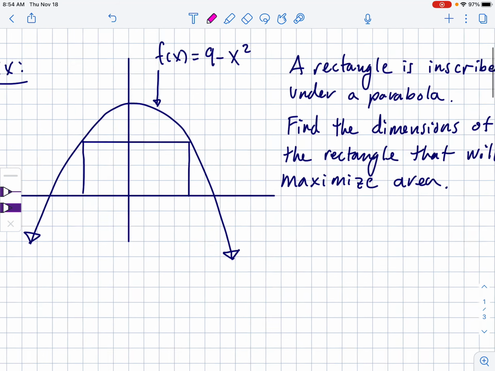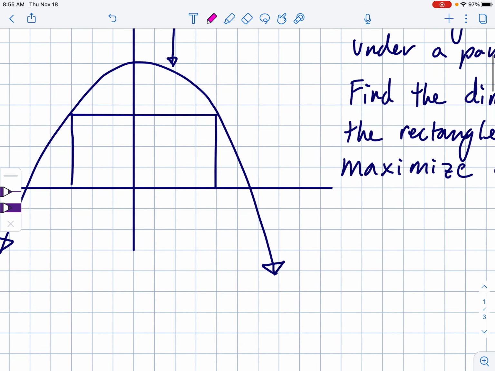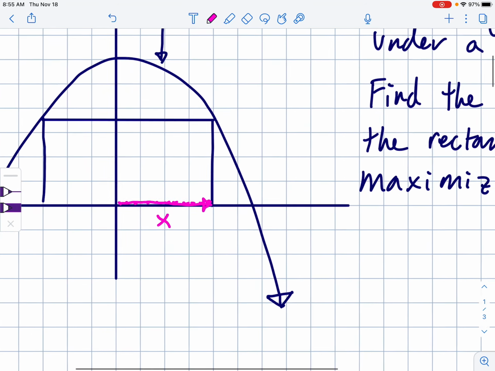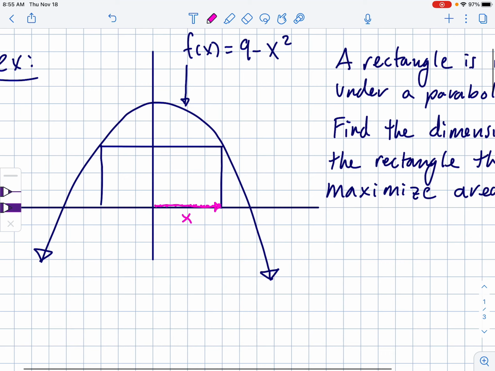So I'm going to call this distance right here, from here all the way over, x. Now, if you go x over to the right and then plug in that value into the function, that means that this distance up is the y value of the function when you input x into the function.